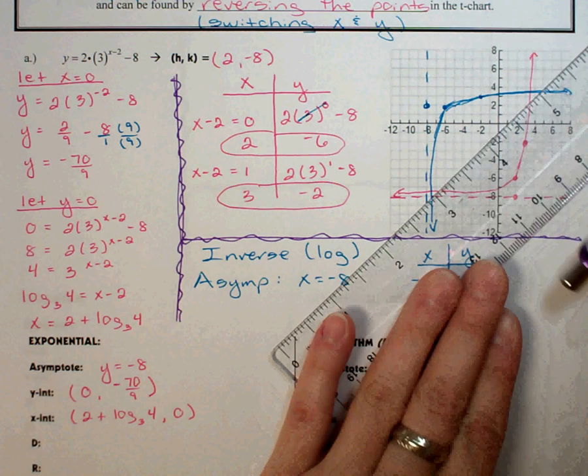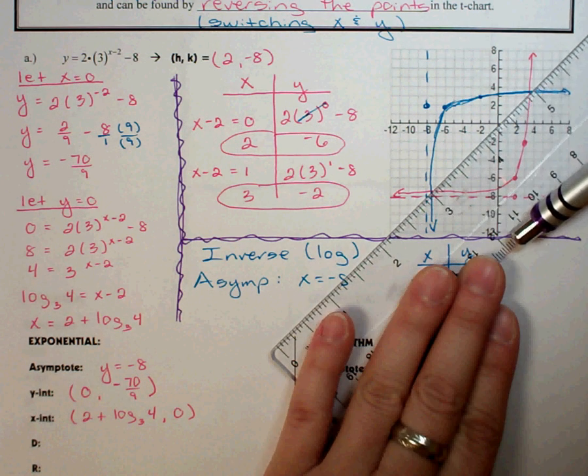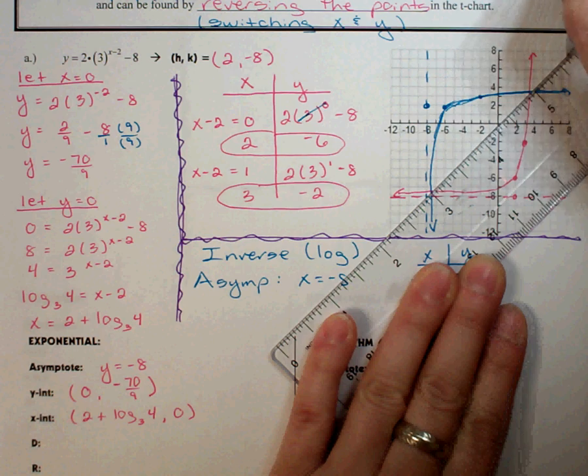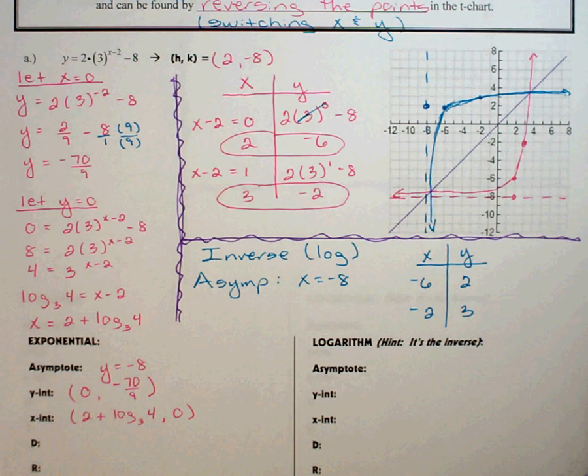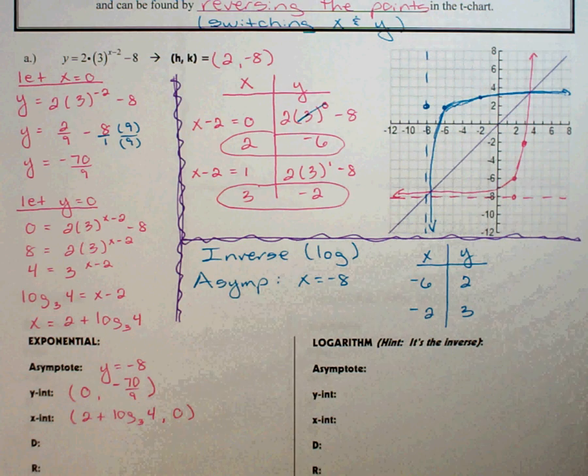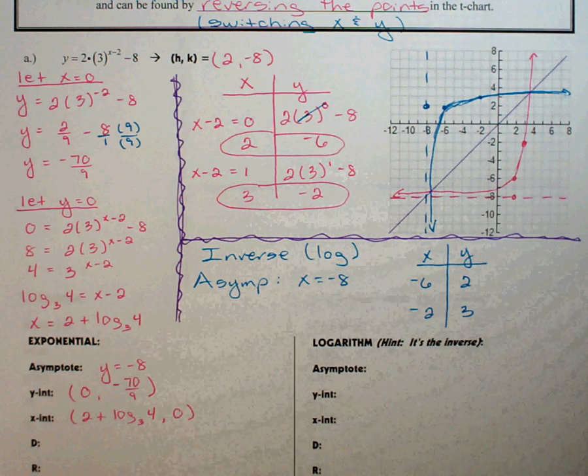What I can see and remember from my original understanding and studying of inverses is that sure enough, those 2 graphs do appear to be reflections over the line y equals x.